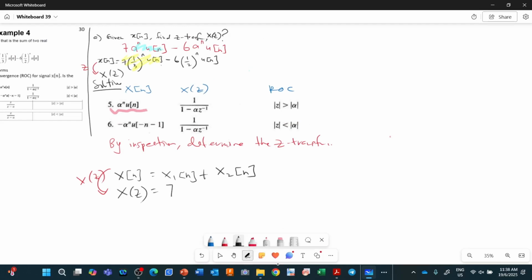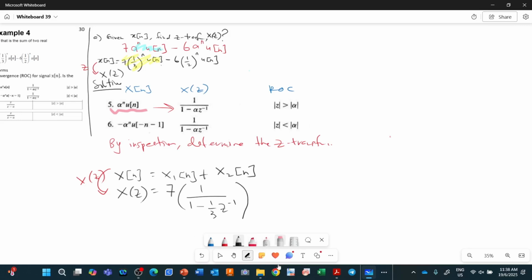7. Okay, directly use the exact value. So you have 1 over 1 minus, what is the a value? 1/3 z^-1. First equation.